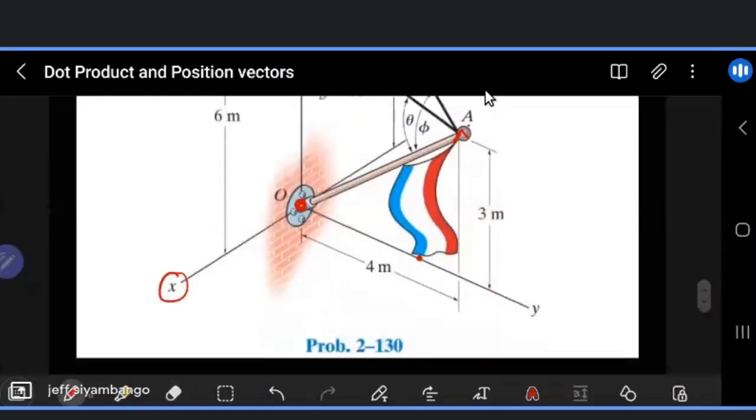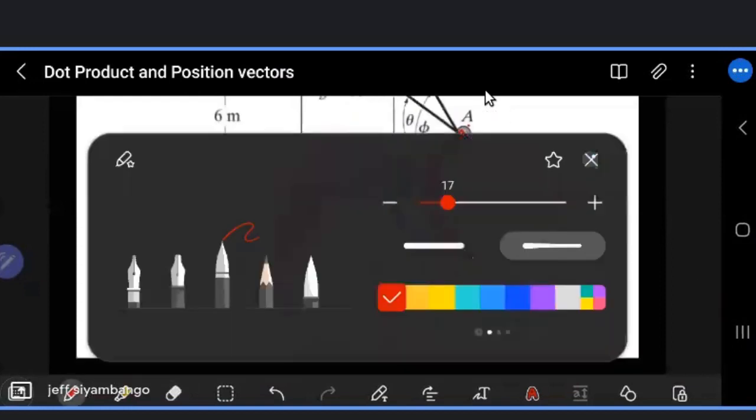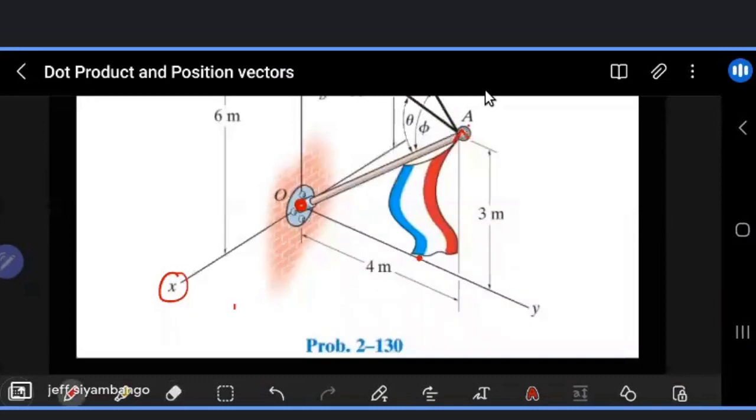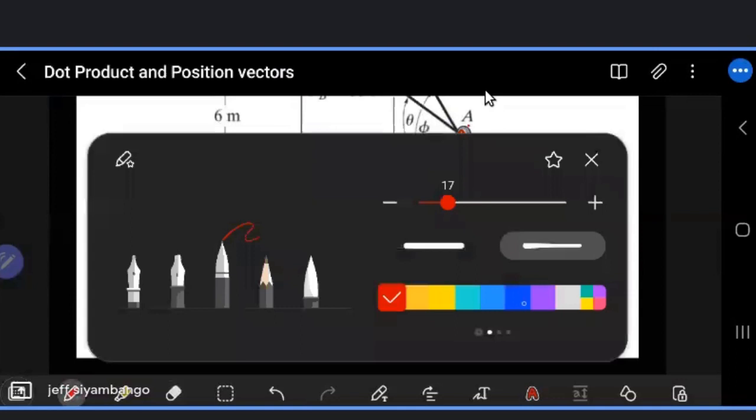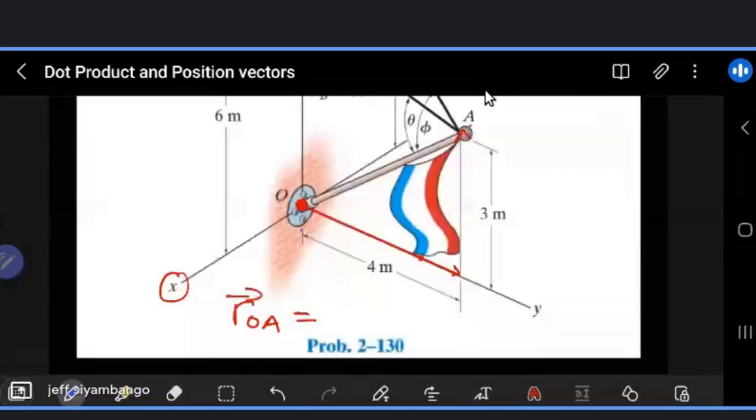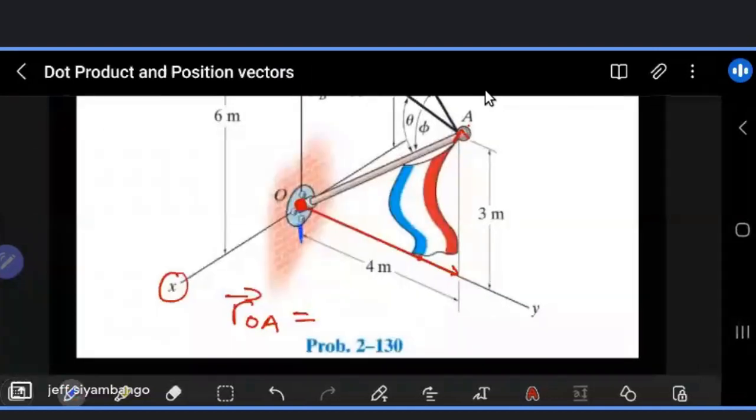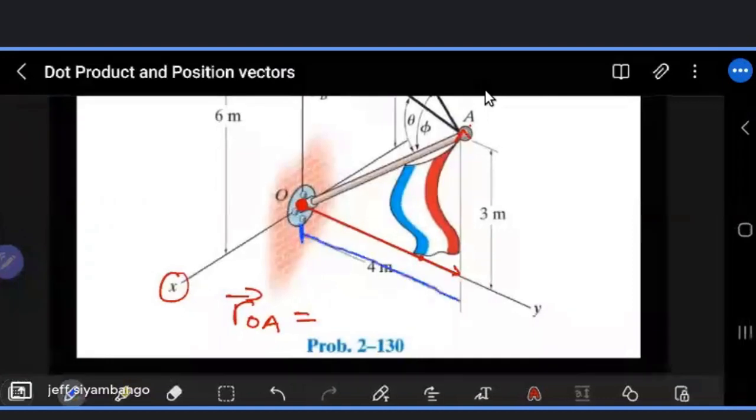So let's see our position vector. To run from O to A, how do we move? In the x-axis, we don't move altogether, so that's a 0. In the y-axis, we're moving along the positive y until we reach this point. Based on this line, this 4 meters at the bottom, from O to reach this mark here, this line, don't confuse it with this.